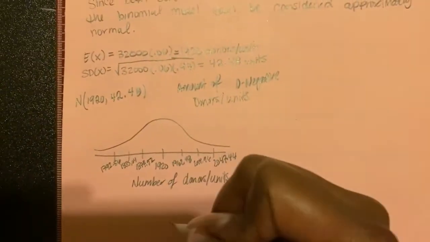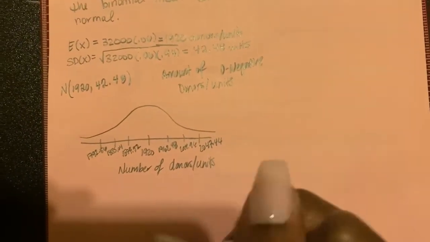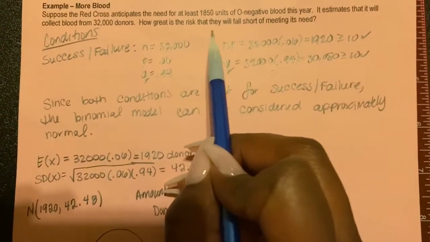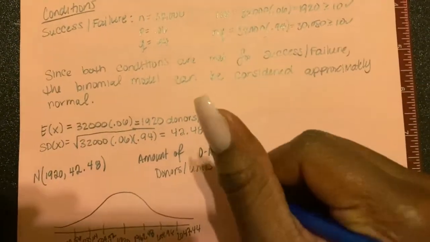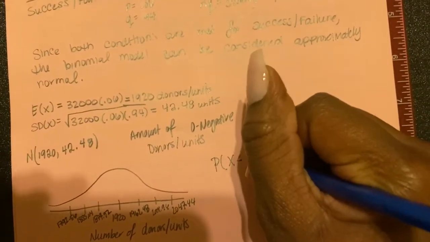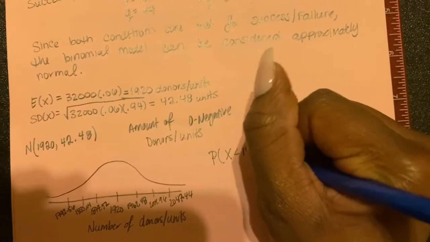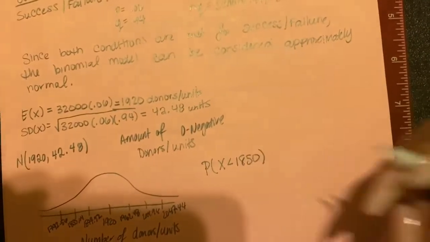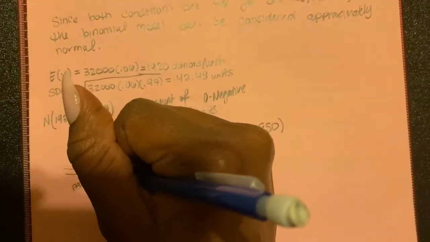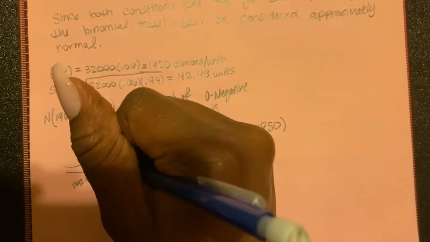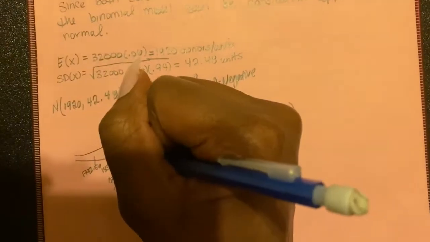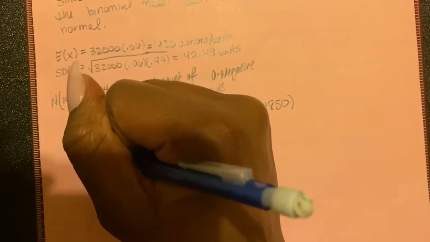Okay, so we have our normal model. And so what we're trying to figure out is how great is the risk that they will be short of meeting this need. So we're trying to find the probability that X would be less than 1,850 units, okay? So that number would be somewhere about right here. So that would be our 1,850, and we're trying to find the probability that it's less than that.